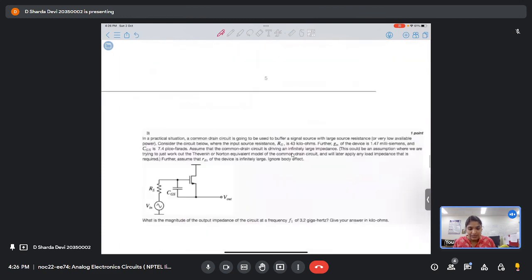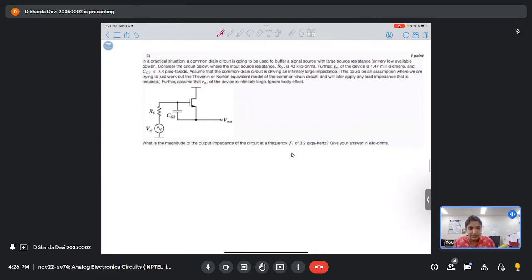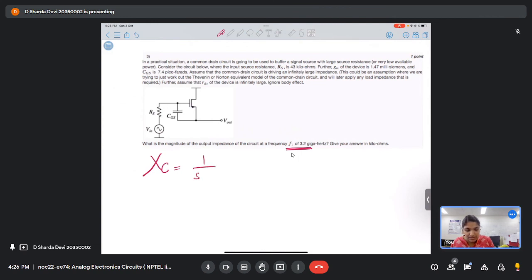Actually, I had another type of question. It is a little different type of question. So here, when frequency comes into the picture, that means you should consider Xc, that is 1 upon sC, because this is the point where you'll see your frequency coming into the picture, right?